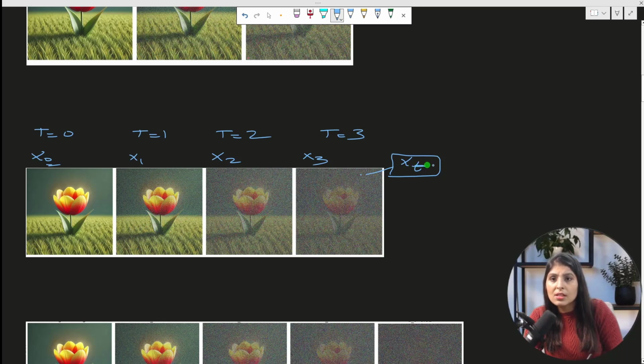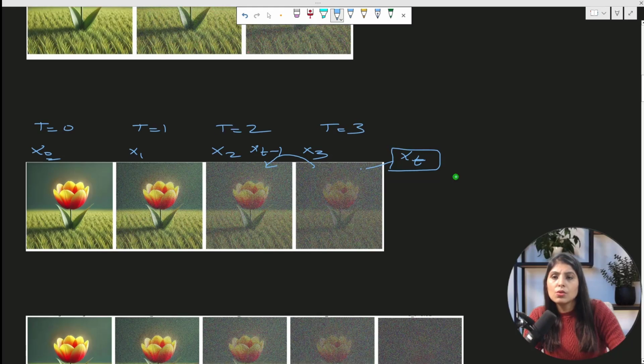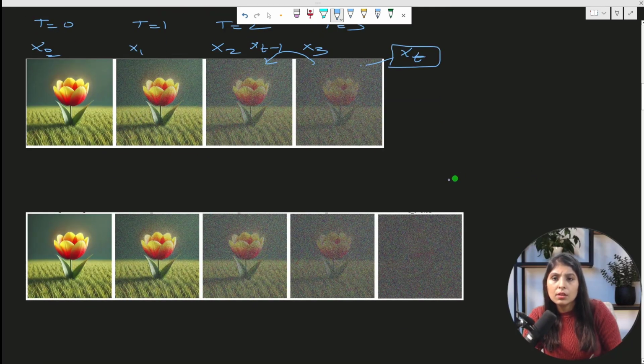So this xt is the final image, and the image before that time step will be xt minus 1, the image from the previous time step. So this is the pure noise, the last image of the forward diffusion process, and we get xt.